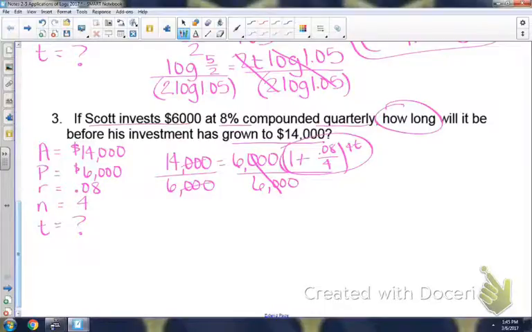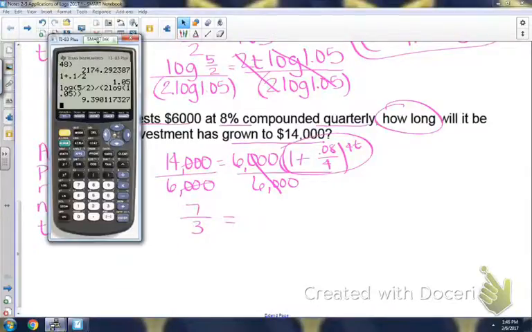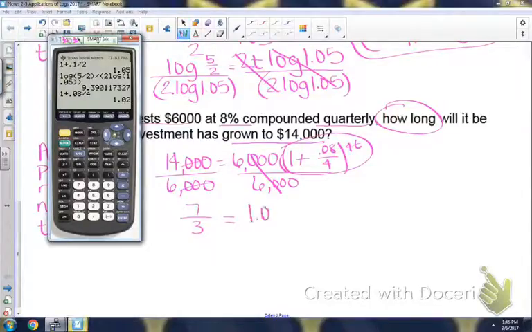So that would be 7/3. And then we're going to find 1 plus 0.08 divided by 4. So 1.02 to the 4t power.